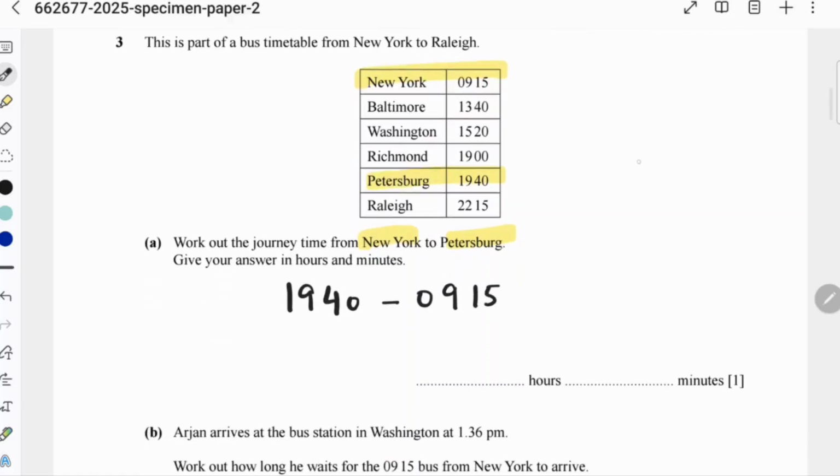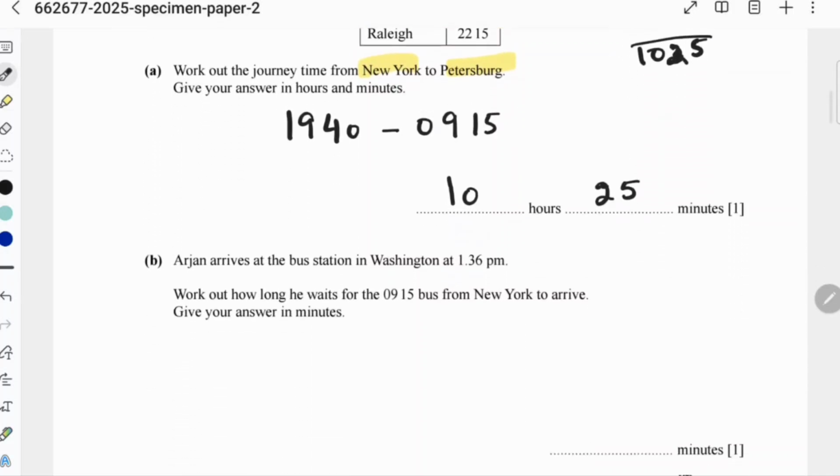Whenever you do 19:40 minus 9:15, then it will be how many minutes? 25, sorry, 25. So it's 10 hours and 25 minutes.